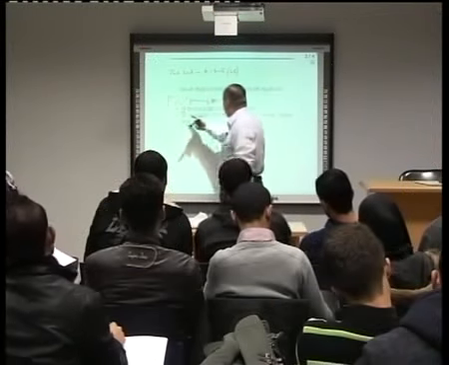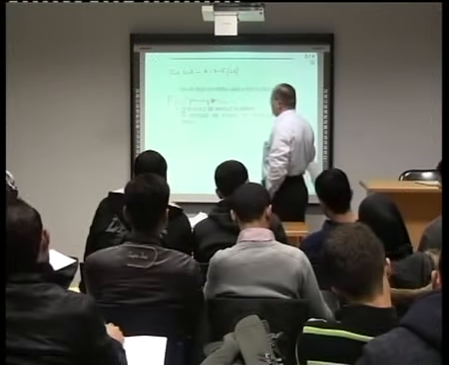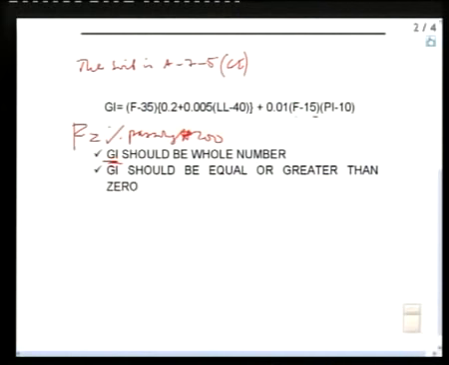The other thing, GI should be equal to or greater than 0. It shouldn't be negative. So if the answer was minus 15, 0. If it was minus 0.0000001, 0. If it was minus 1 million, all negative numbers will be 0, okay? So it should be 0 and it should be a whole number.